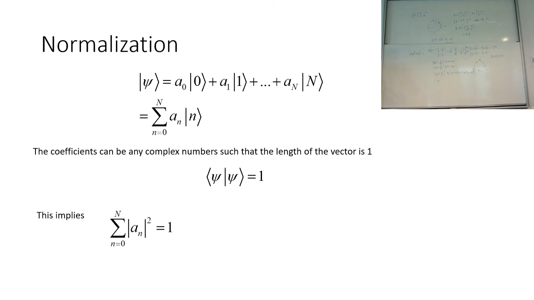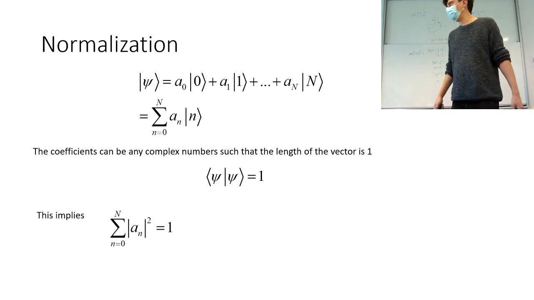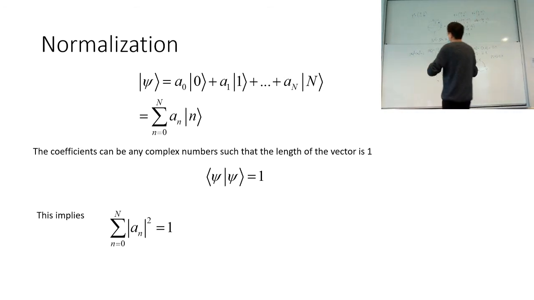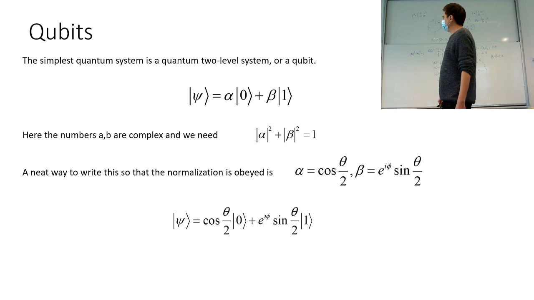It's kind of a postulate actually. The norm of the vector has to be equal to 1. And the consequence of that is that the sum of the modulus squared of all these coefficients has to be equal to 1. The reason for that postulate is that eventually it's going to be linked to probabilities, and these probabilities have to add to 1.